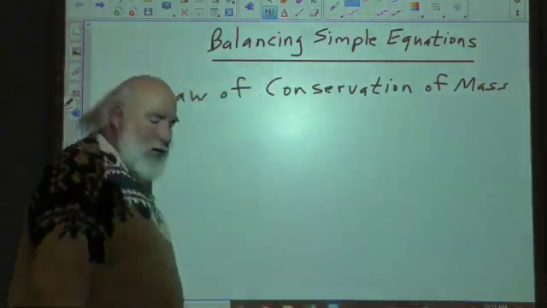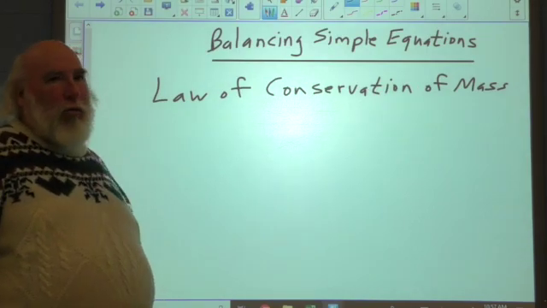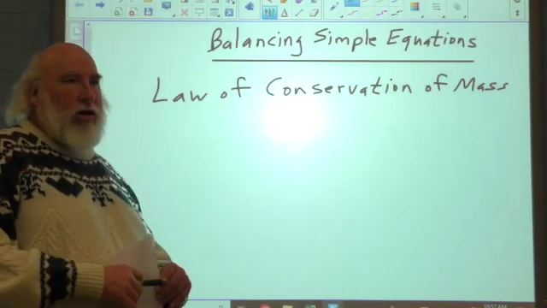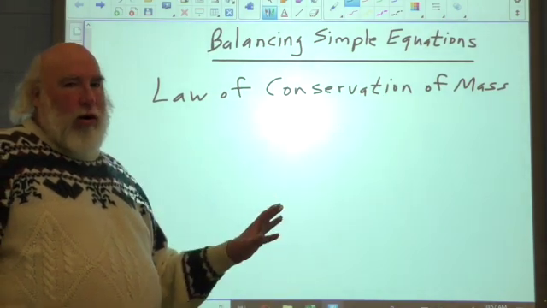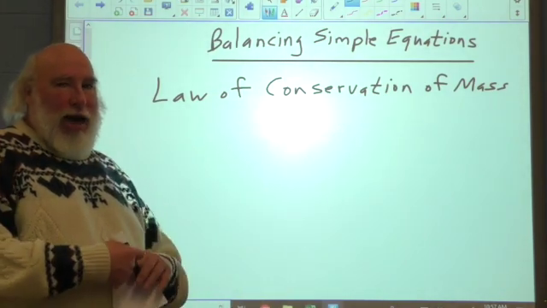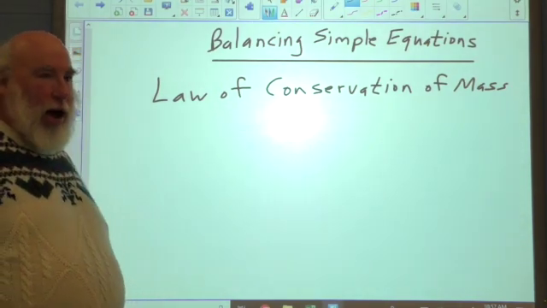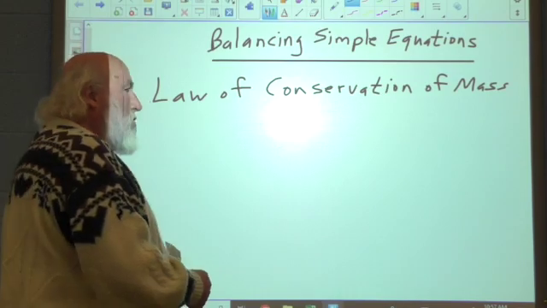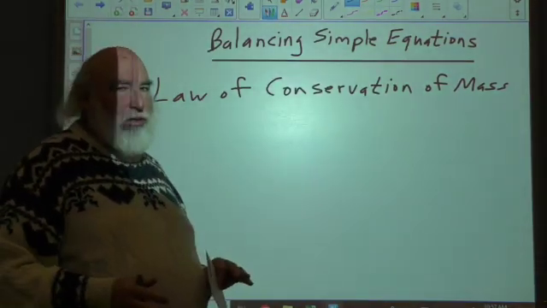Basically what Mr. Dalton came up with was that in a system where a reaction is taking place, the mass of the materials that you had before you started the reaction has to equal the mass of the material you had after the reaction. Okay? So basically we're going to look at mass in terms of the number of atoms.